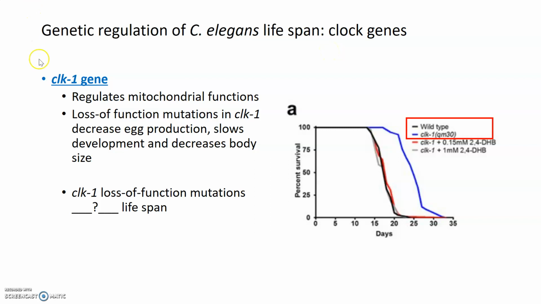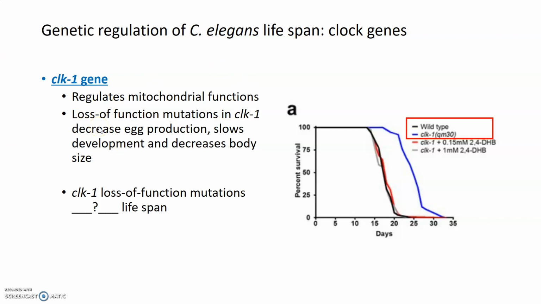They are mostly called clk. There's clk-1, 2, and 3. We're going to focus on the clk-1 gene. The clk genes are highly pleiotropic, which means that these genes can regulate a lot of different phenotypes, as we discussed before. clk-1 regulates several different mitochondrial functions.